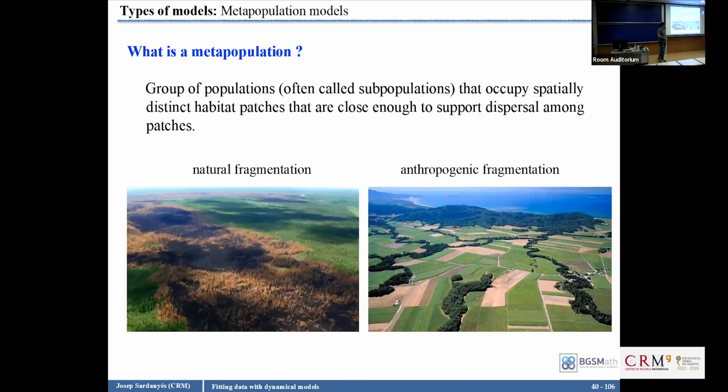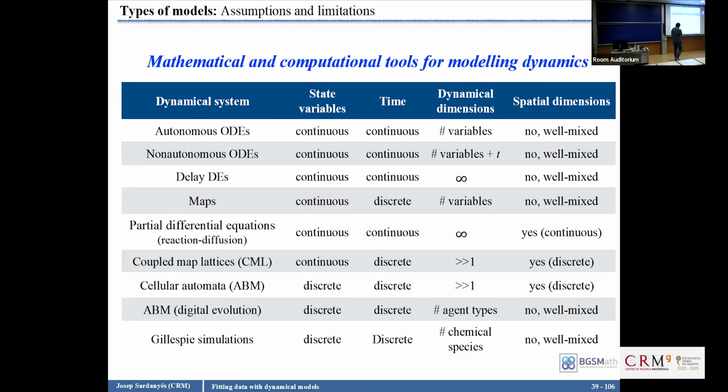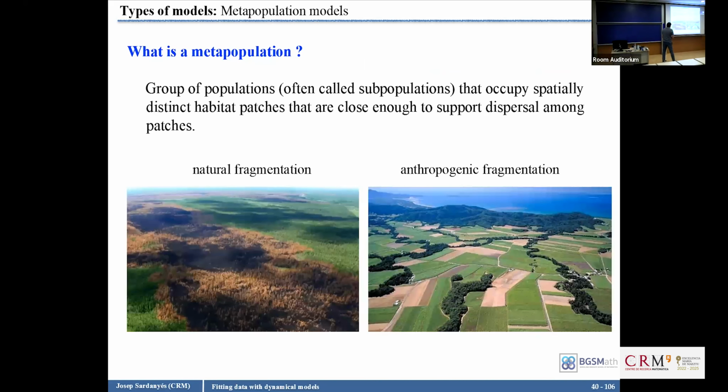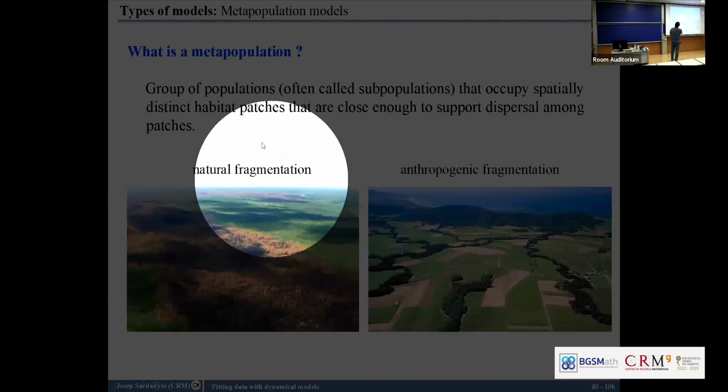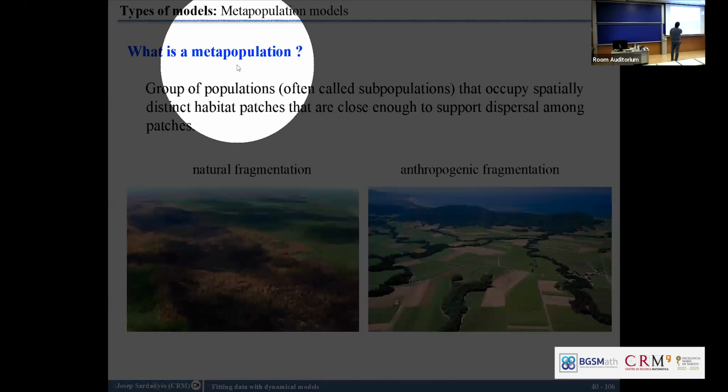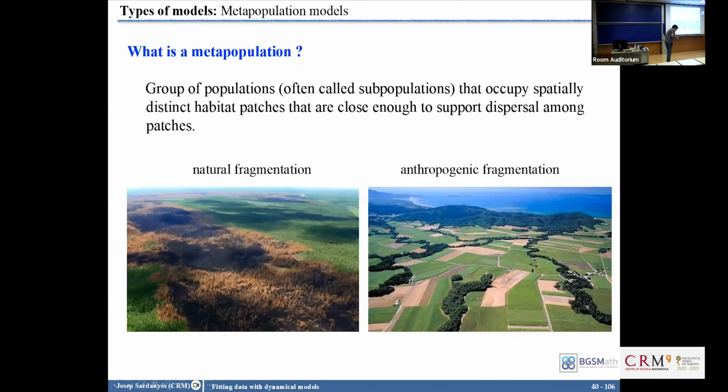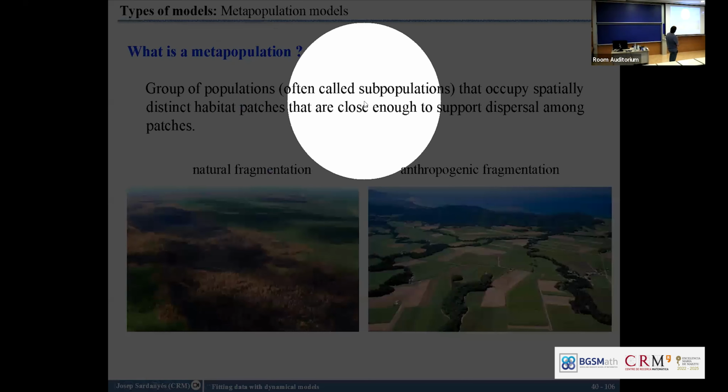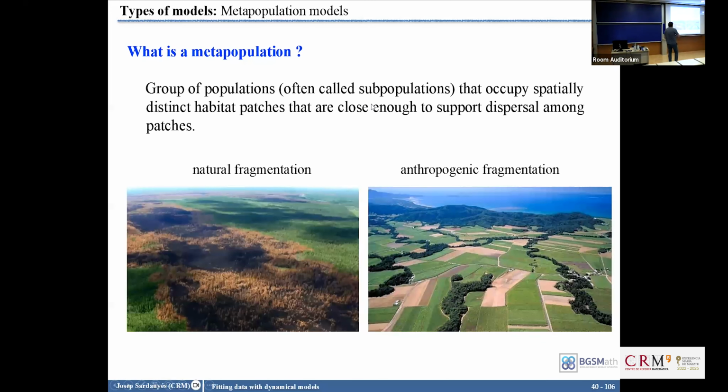I will start with a very widely used system that is a metapopulation. Okay, the metapopulation is a term that started being studied in the 70s, like last century. And a metapopulation is a group of populations, usually called subpopulations, that occupy spatially distinct patches.